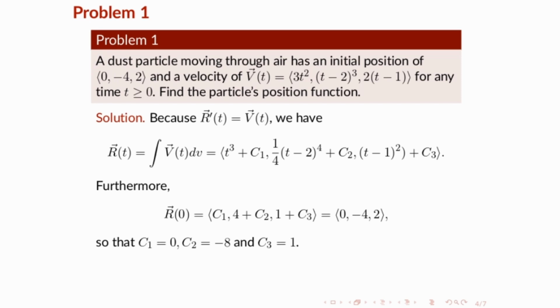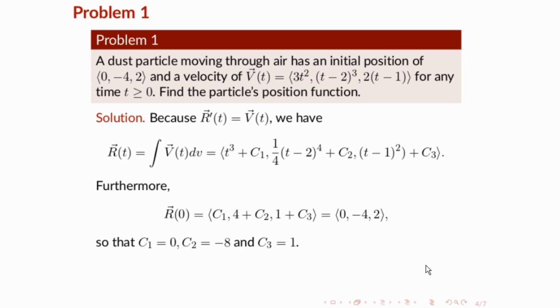Because we know that the initial position is basically just what happens when you evaluate the function at t equals 0, whatever we got from evaluating the result of this integral at 0 is going to be equal to (0, -4, 2). So we have c1 equals 0, 4 plus c2 equals -4, which basically means c2 equals -8, and 1 plus c3 equals 2, which means that c3 equals 1.